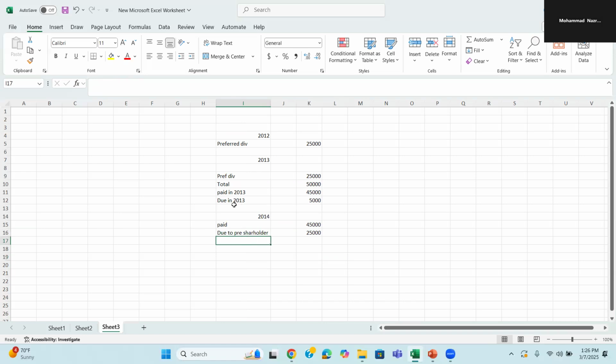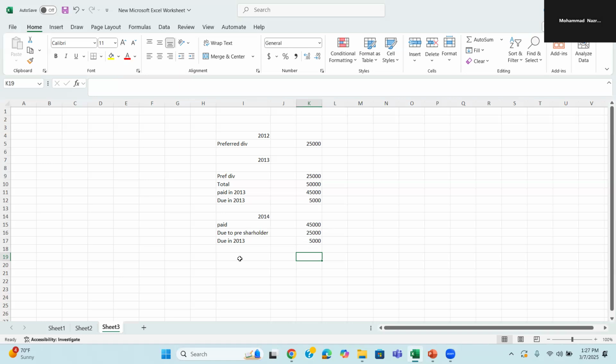And there was also due in 2013, because it is cumulative, so you have to adjust everything per year. So technically there is 25 and 5 is 30,000 due, but you paid dividend 45,000 as a dividend. So this is for preferred stock, right?